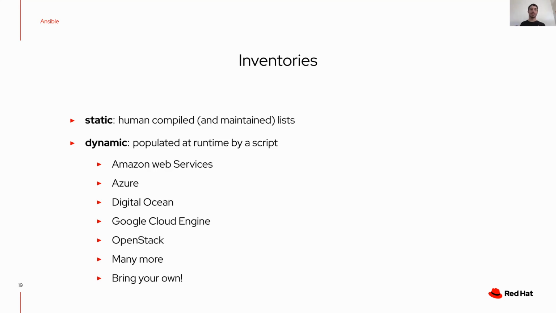And since it's a script that you're writing, you can even query multiple sources of truth and then figure out a way to merge them, so that effectively the inventory can have information from more sources than just one if you have multiple.